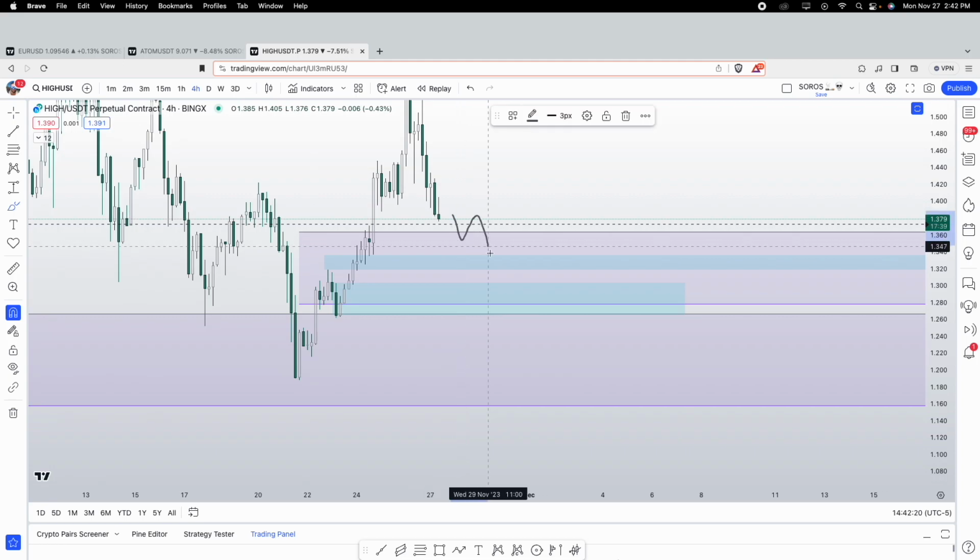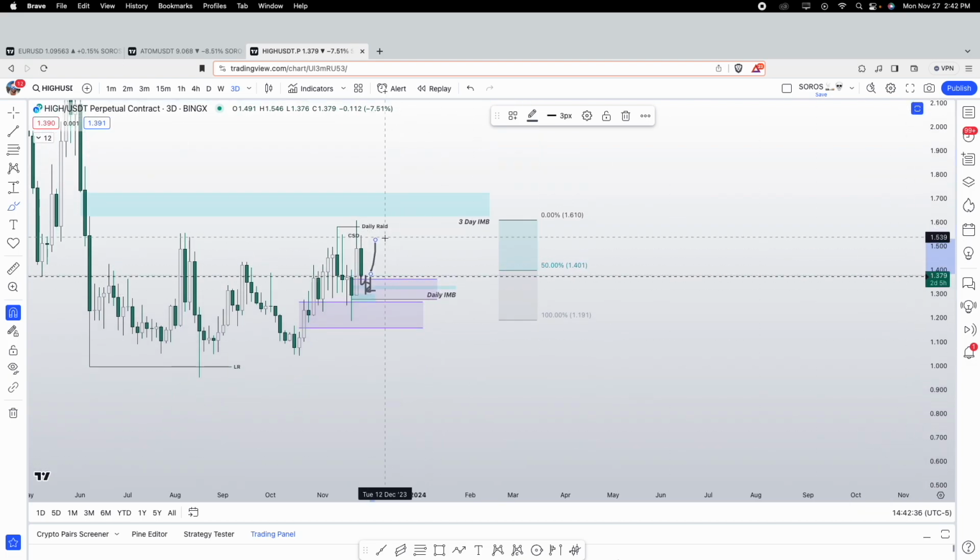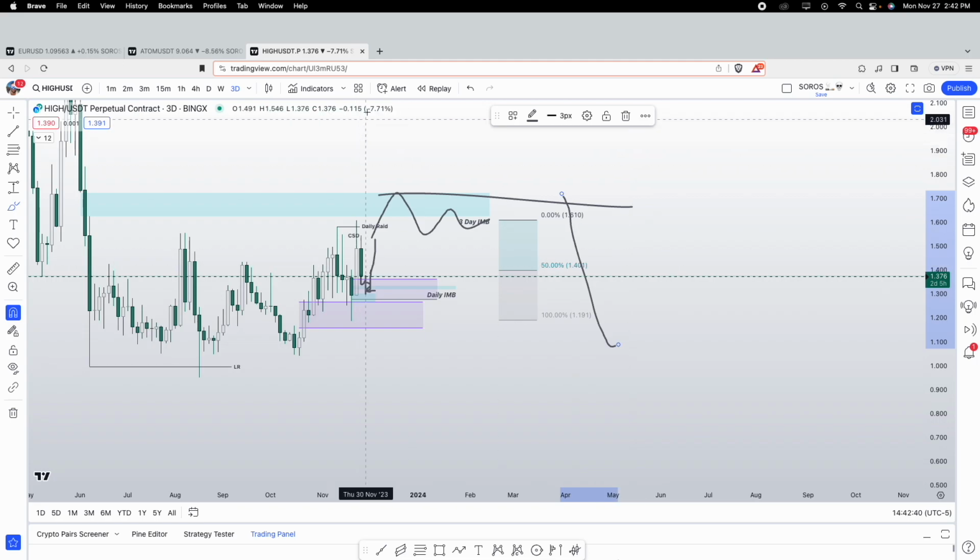So something like this, where it induces longs over here and then swipes down, basically rebalancing this zone right here, and then holding it to push up into the 3-day. And then this is where I'll go short again, down.